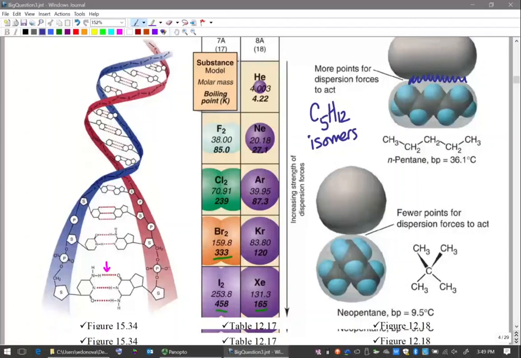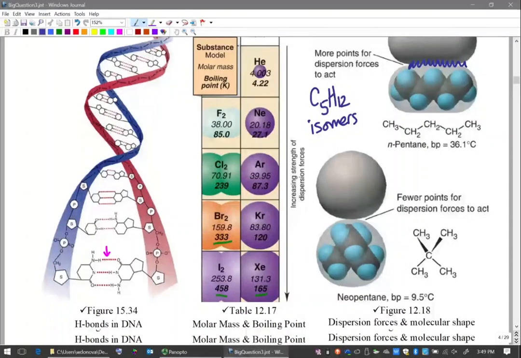And by the way, there is a third as well. There actually is a third possible C5H12 that's not involved here. The other C5H12 that we have possible here is 1 carbon in the middle, bonded to all the other carbons. And the nickname is neopentane, to reflect that it is a 5-carbon hydrocarbon, so it's named as a pentane.